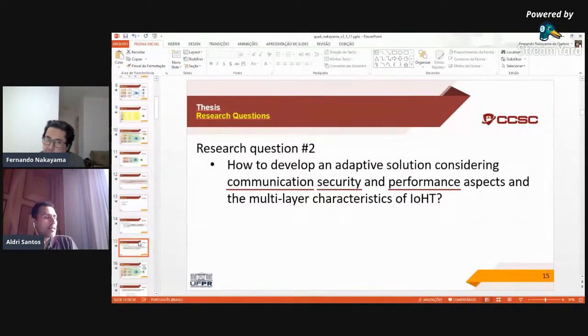Oh, I understand. In terms of the second question, research questions, you underline here is communication security. I believe you need to consider what is security. Is that security or safety? If you mean safety, okay, good. Considering communication safety, not security.